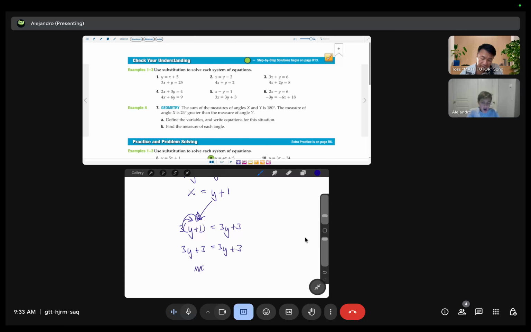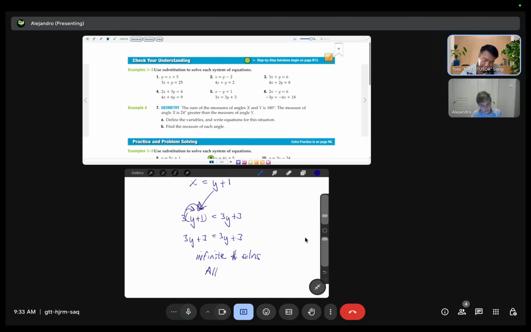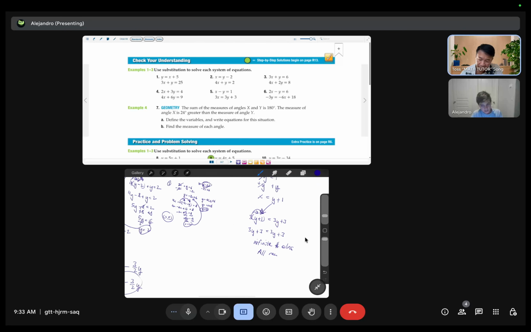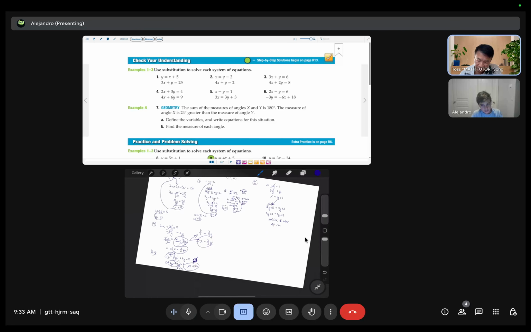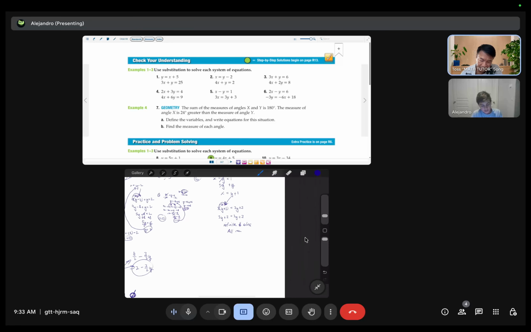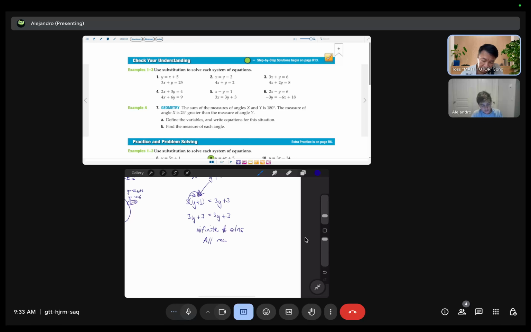And then you say infinite number of solutions. There are different ways that depend on what your teacher wants. Infinite number of solutions, or all real numbers, or this fancy symbol for all real numbers. So that means I don't want to check 4 now because I believe it's true. I'm pretty sure it's right, because it's covering all the possible types of solutions.